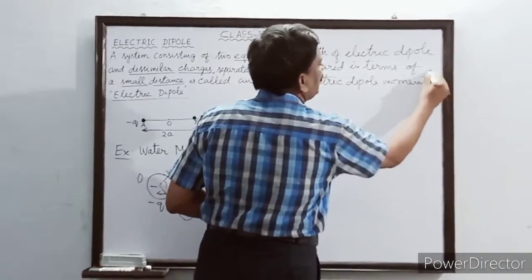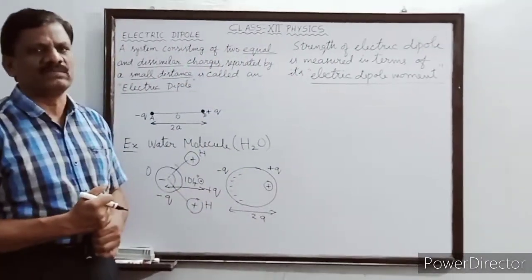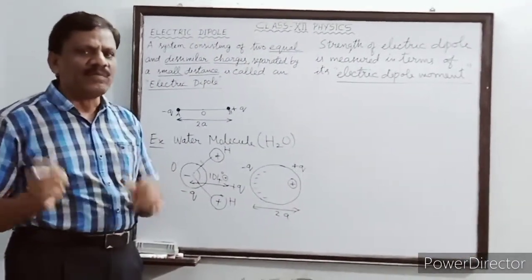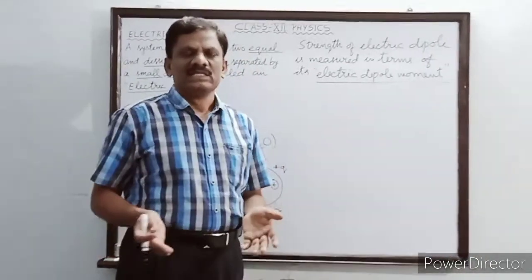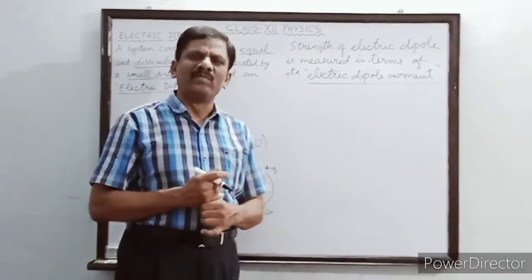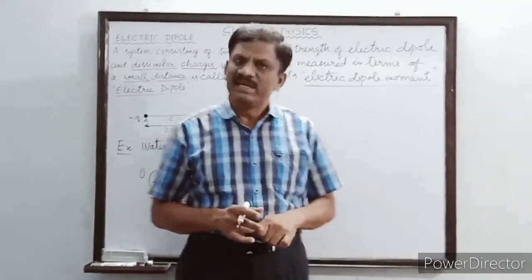This is a new term which we are coming across. Electric dipole moment is a new term. The electric dipole moment for different molecules will be different. So the value of the electric dipole moment gives information about the strength of the molecule, or the strength of the electric dipole.